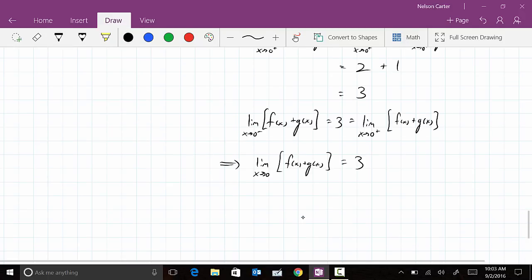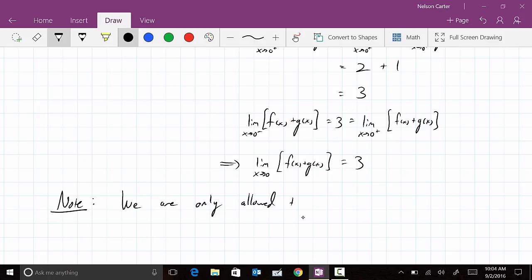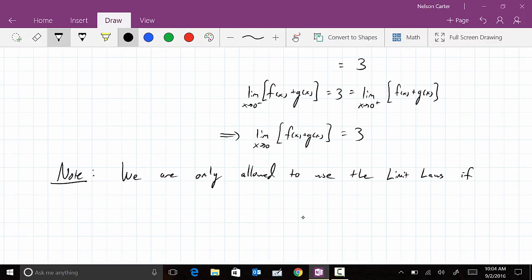Now let me make a note here. We are only allowed to use the limit, and I'm capitalizing limit laws, right? So we're only allowed to use the limit laws if each limit exists individually.